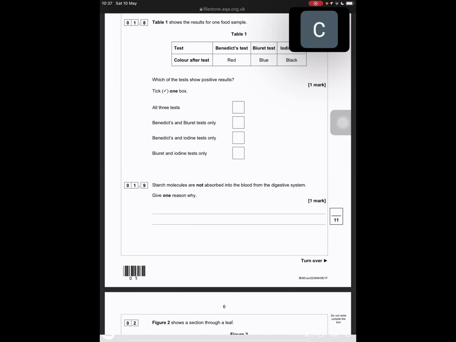Starch is insoluble, so it is not able to dissolve in blood and be absorbed. It has to be broken down into simpler sugars. That's why it cannot be absorbed into the blood from the digestive system. But let's see if the marking scheme gives us another reason.